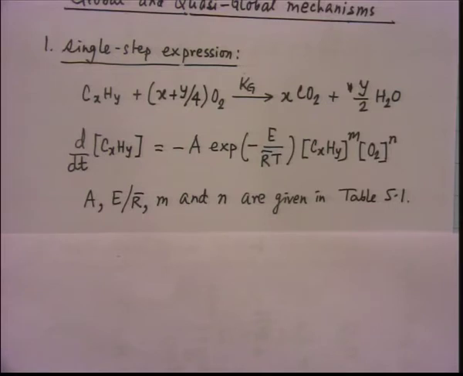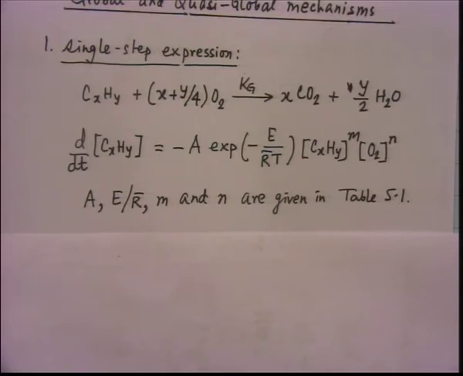You should convince yourself that the units are correct, first of all, from what you see in the table, and secondly, appreciate the fact that m and n are fractional numbers, maybe 1 point something. They may be less than 1 or more than 1, but fractional, not like 1 or 2.